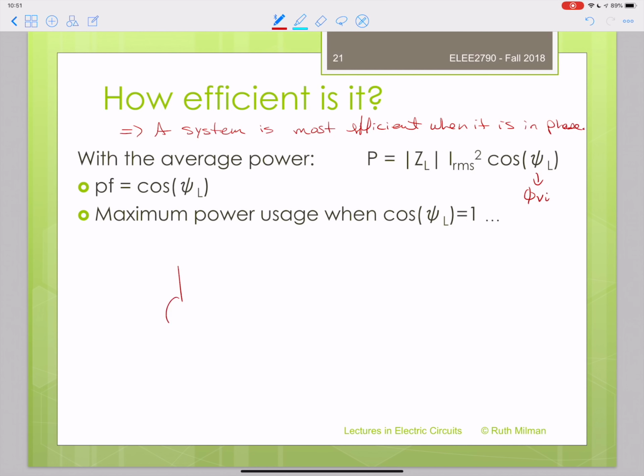What does that mean? Here is your load. Your load sees a complex impedance ZL. Your load has a voltage. That voltage is fixed. So we're going to give that voltage a value of V RMS with a phase shift of phi V. Now, we can from here very easily calculate what our current is going to be, and our current is what's drawn by the load.